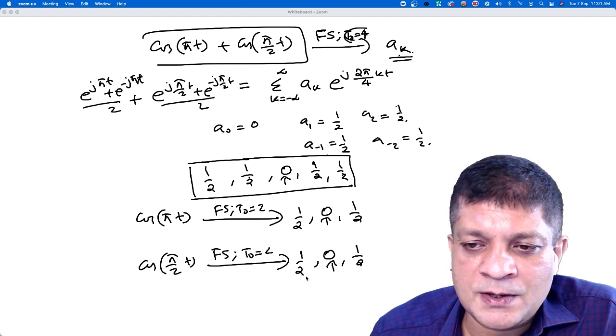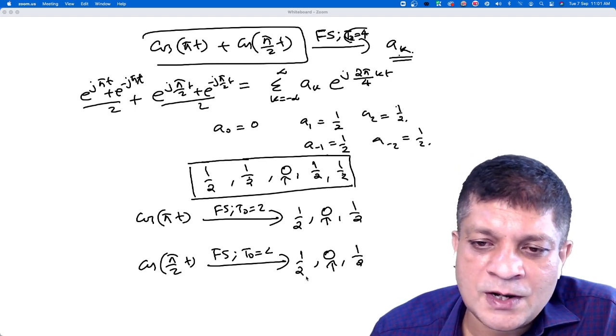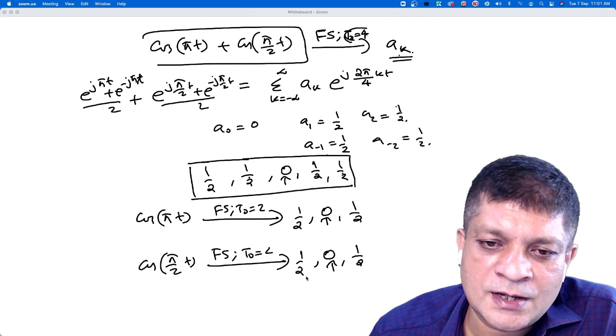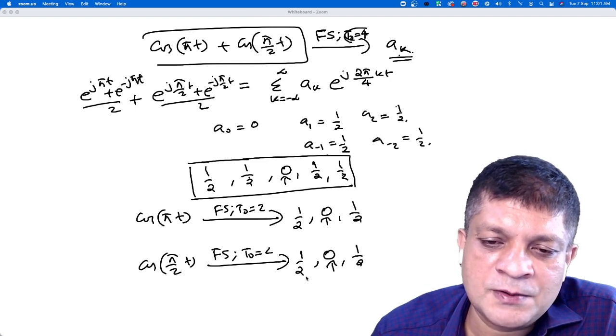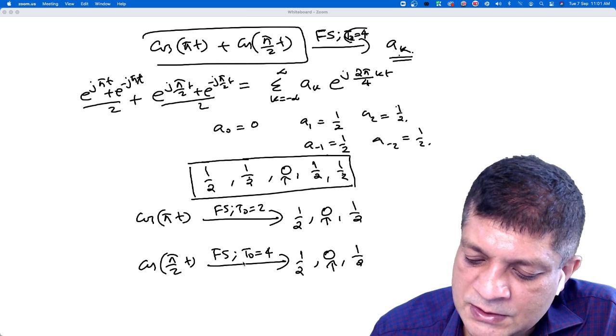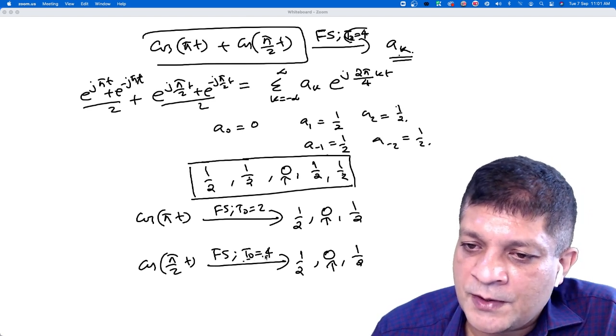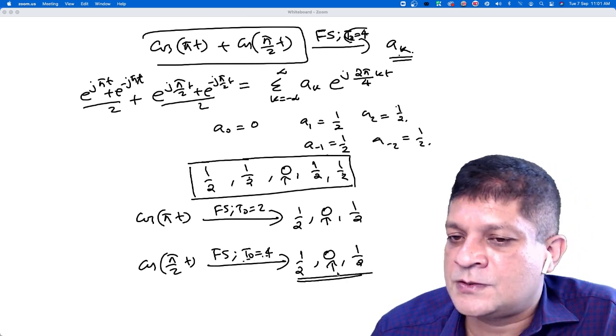That is a property we have already seen. If you consider any cosine signal, and if you take the Fourier series representation with respect to its fundamental period, you will get the same Fourier series coefficients.